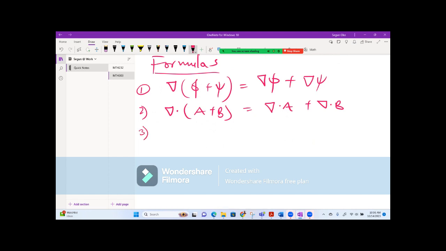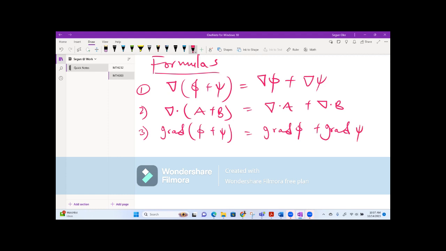Number three: grad of phi plus psi is the same thing as grad phi plus grad psi.